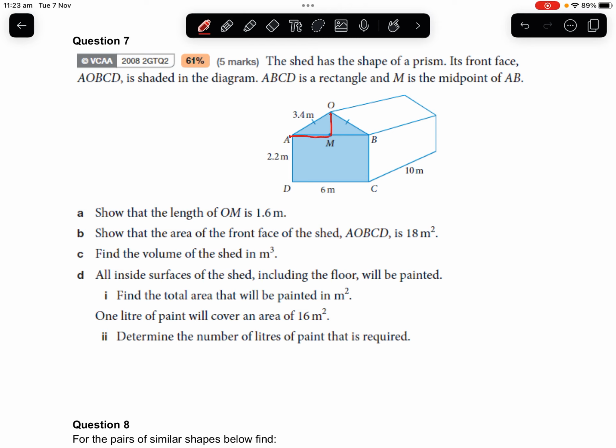A to M is 3 because D to C is 6, and that's halfway. And A to O is 3.4. So we're going to use Pythagoras to find OM.